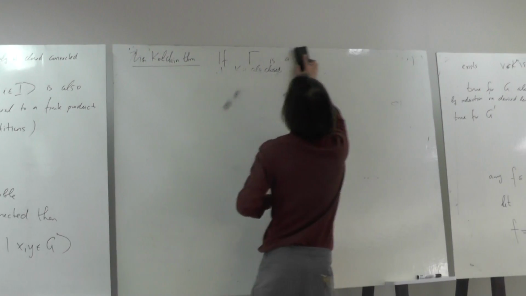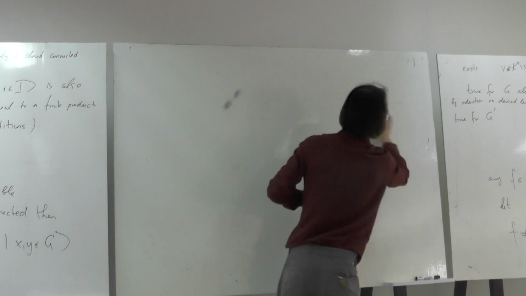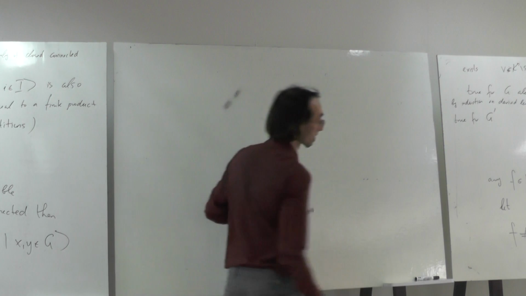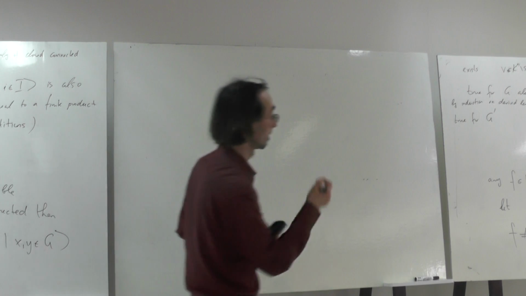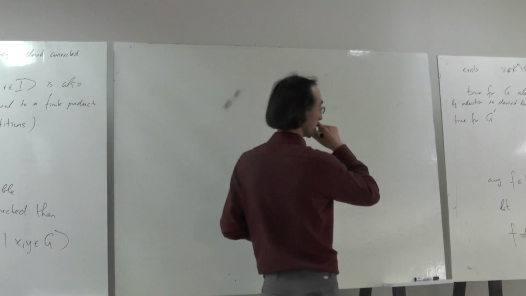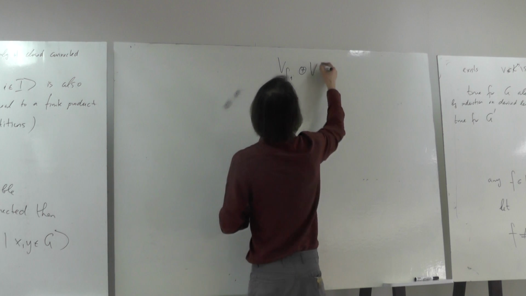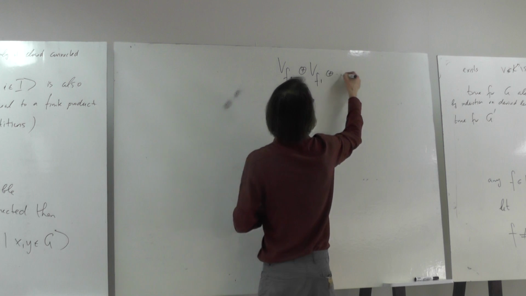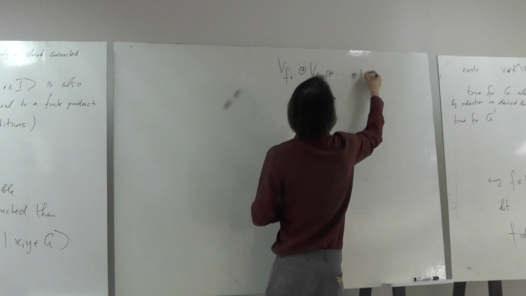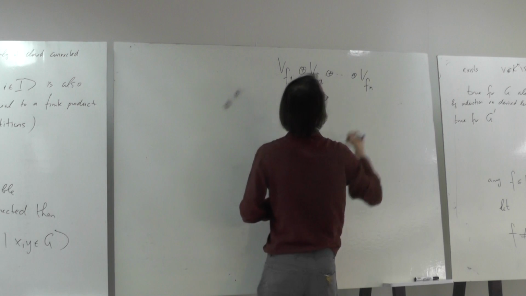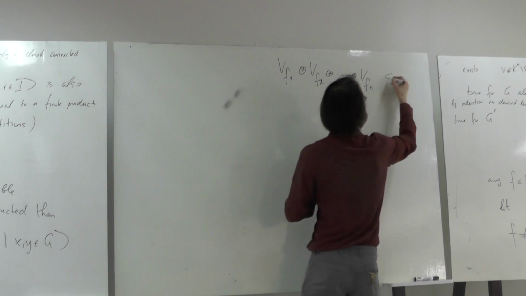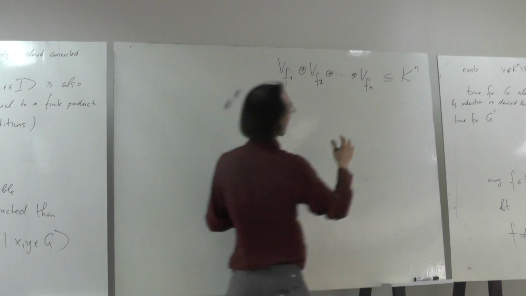Because the sum of these common eigenspaces is actually their direct sum, there are only finitely many of them. So there exist finitely many characters f_1 to f_m such that I have some decomposition inside K^n, and there are no others.